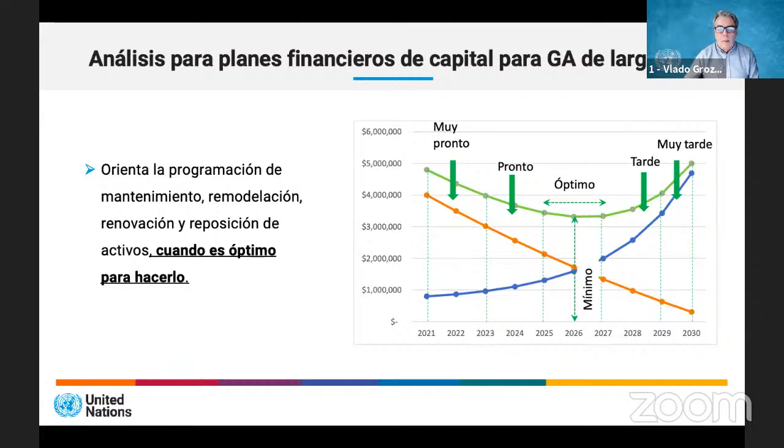It's calculated by estimating the inflation in the future and using a discount rate. So we have a present value of the asset, then we can easily calculate, using the discount rate formula, the future value of the depreciation. You can see that red line going down for the next 10 years.